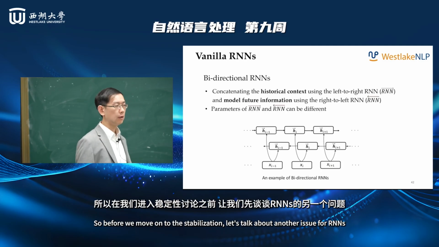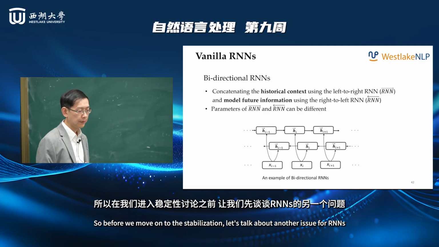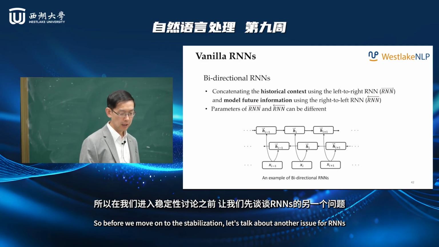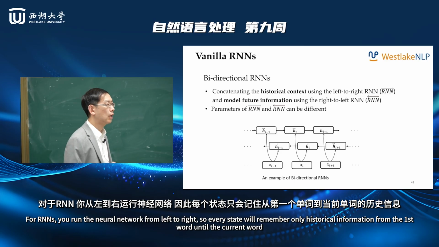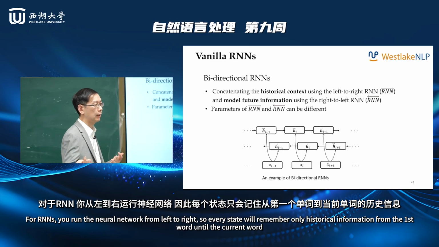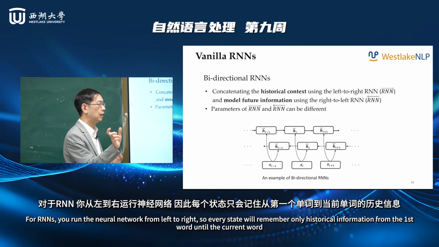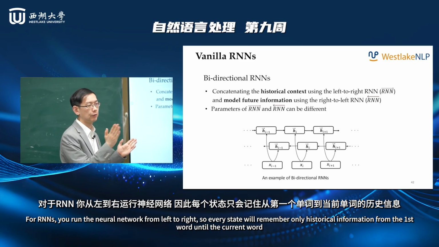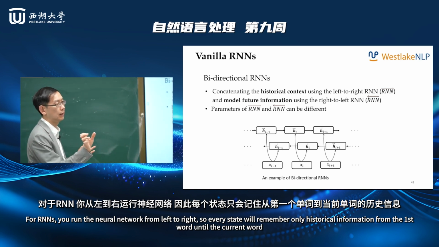So before we move on to the stabilization, let's talk about another issue for RNN. For RNN, you run the neural network from left to right. So every state will remember only history information from the first word until the current word, okay?